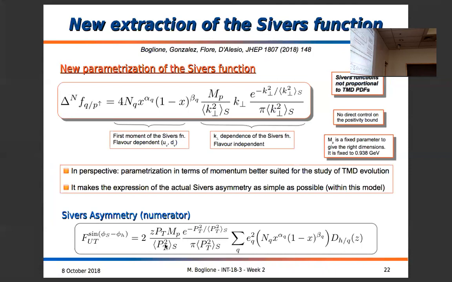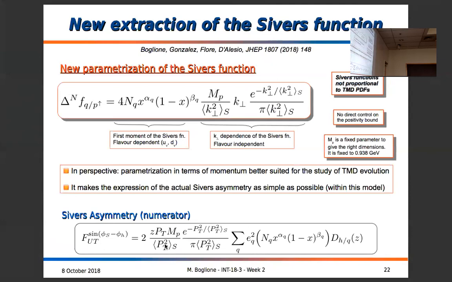And I think what you mean to say here is that at the time there was no information about the counterpart of the Sivers function in the collinear regime. Mm-hmm. Or better to say, we didn't parameterize it this way.